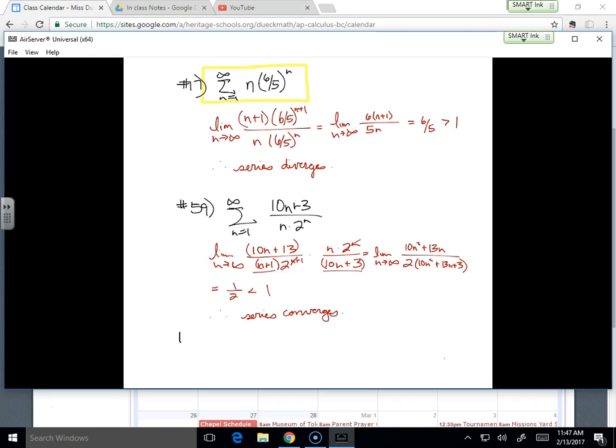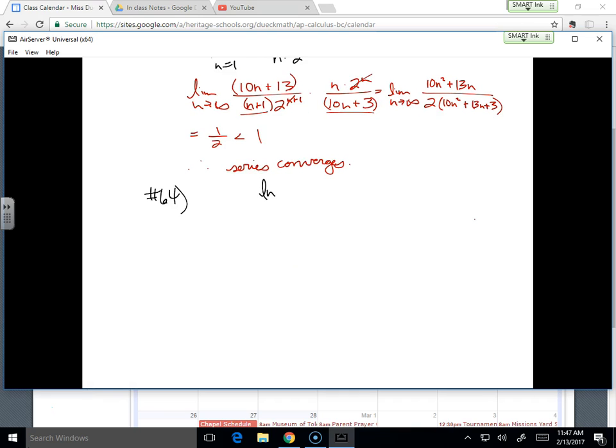Yeah, it was ln of n over n squared. That's more interesting. From 1 to infinity. ln of n plus 1 we don't like because that's just wordy.